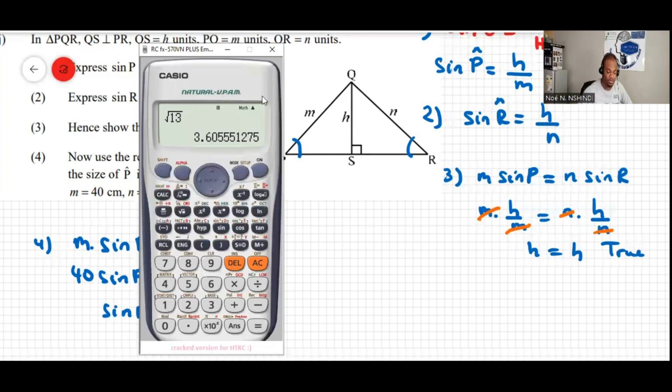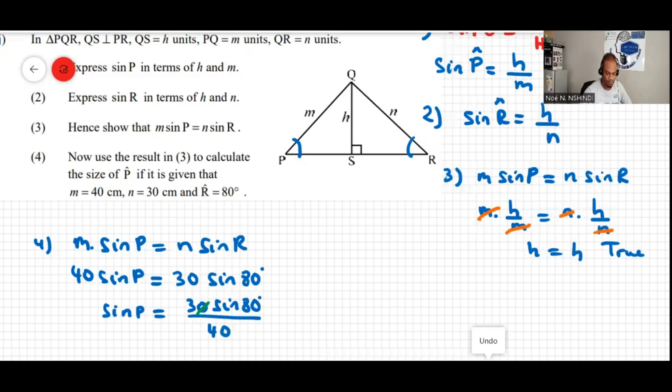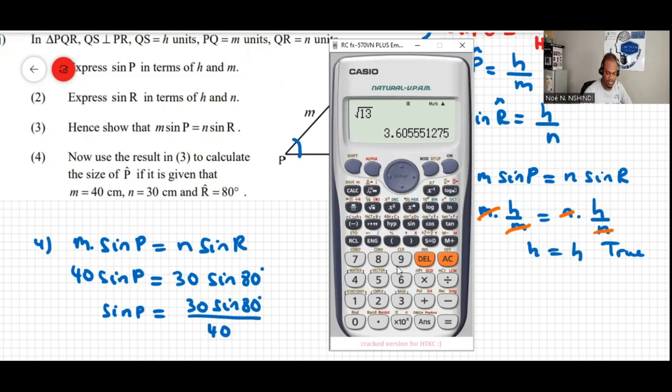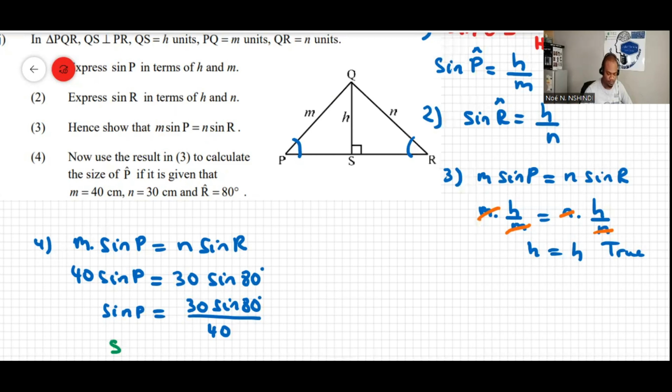Let's just use a calculator. 30 multiplied by sine of 80 degrees, over 40, which is equal to 0.77. So sine P is about 0.7.